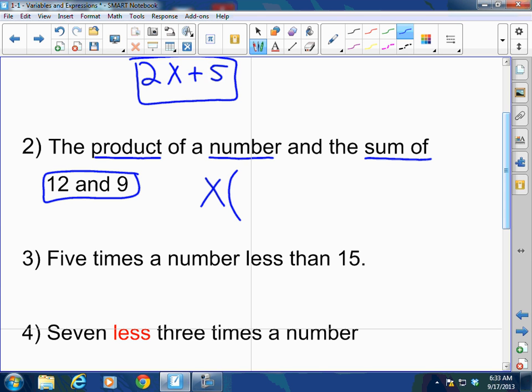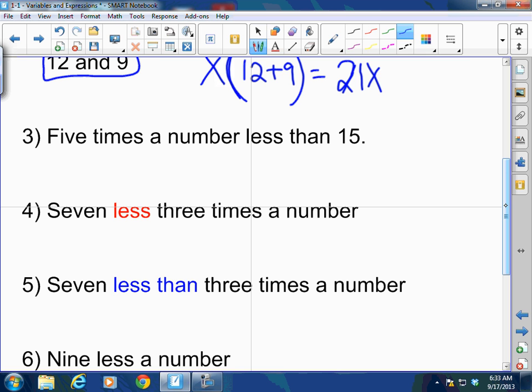When they're talking about the sum of 2 digits, you have to encapsulate them in parentheses. So the product of a number, x, times the sum of 12 and 9, 12 plus 9, and that would equal 21x. Okay? But that's how you write that expression.